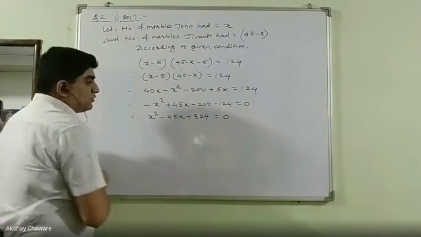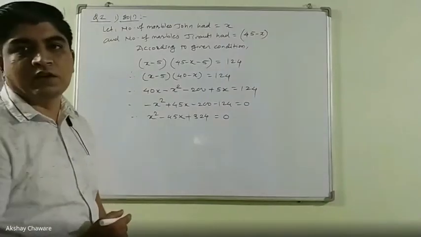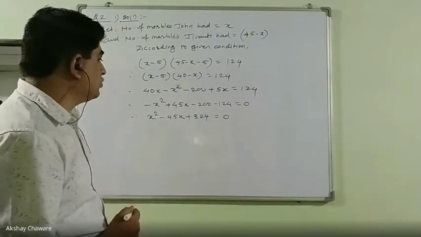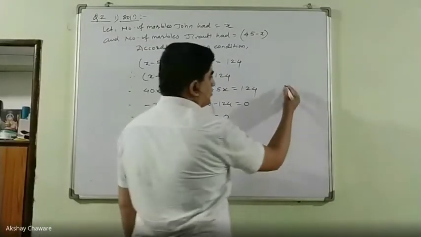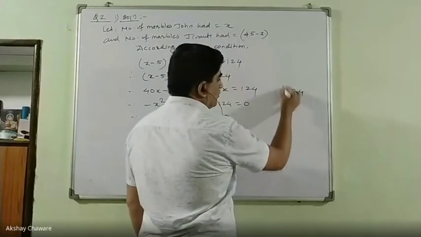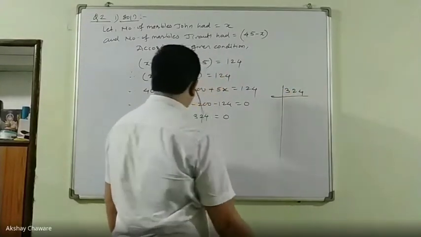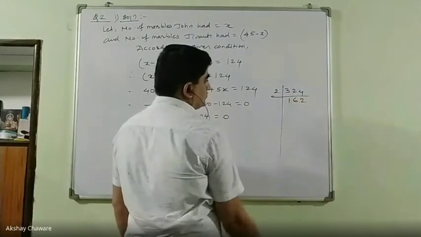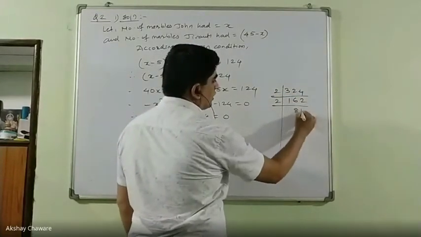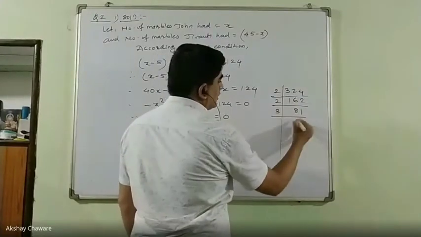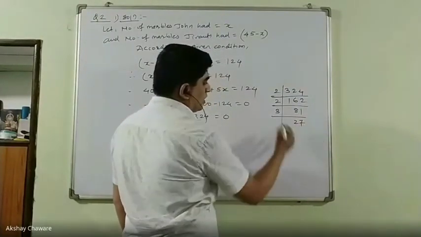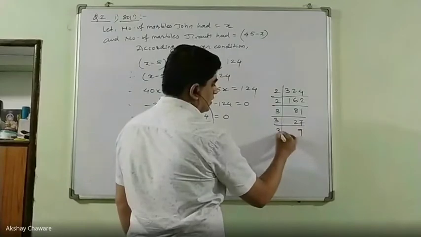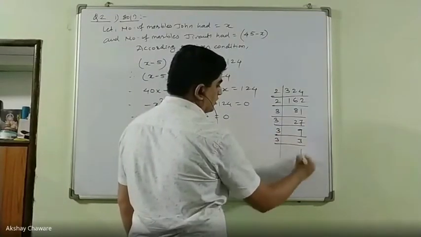Now we will solve this equation by the factorization method. To do that, we will find the prime factors of 324. Let's try to find. So 2, then again 2, 81, then 3 and 27, again 3, then 9, again 3, then 3, then 3 and then 1.